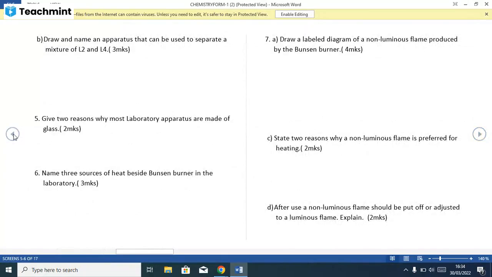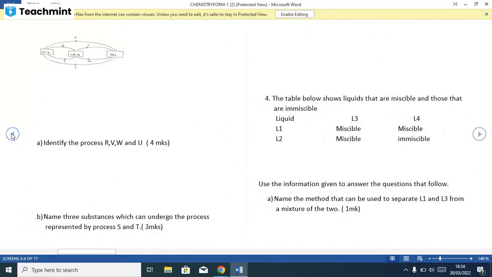L2 and L4. They are immiscible. Use of a dropper. Use of a separating funnel. Yes.